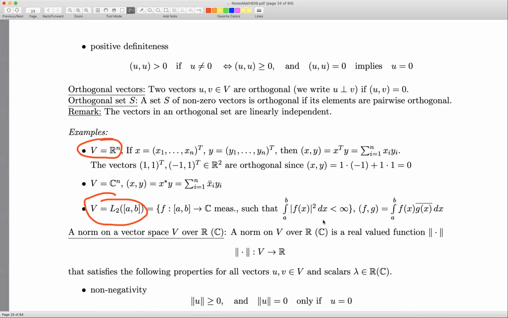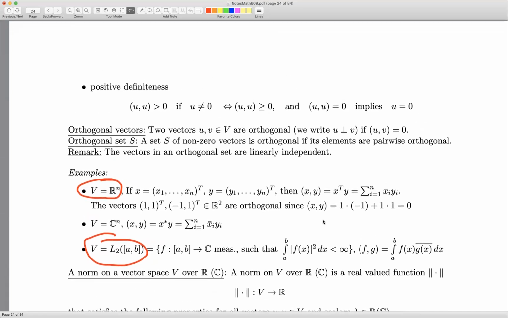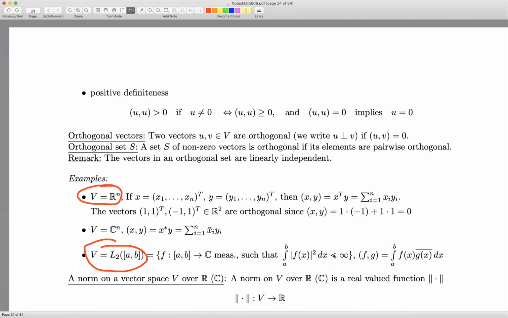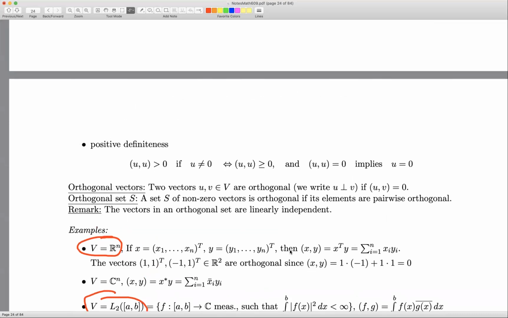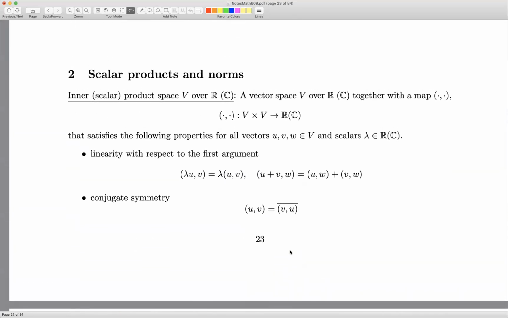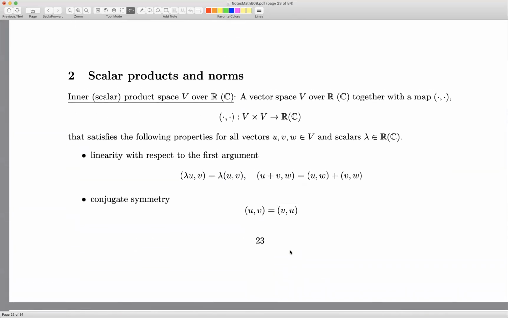But we are not going to go too much into details of Lebesgue measure theory or anything. Just look at the definition and don't think too much about whether it's a Lebesgue integral or a Riemann integral. It's a Lebesgue integral.